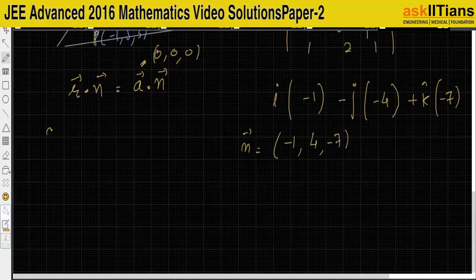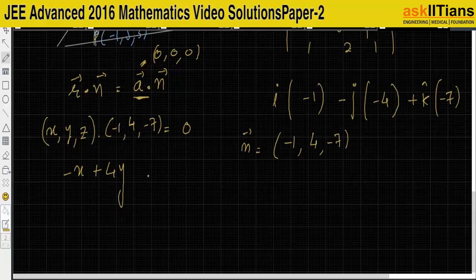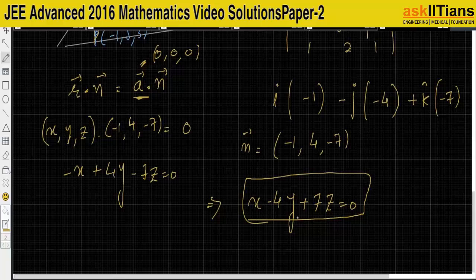So R will be x y z dot n vector, minus 1 4 minus 7, and this will be equal to 0, because the dot product of any vector with origin will be 0. So I'll get minus x plus 4y minus 7z equal to 0. And if I take minus sign common, our answer will be x minus 4y plus 7z equal to 0.